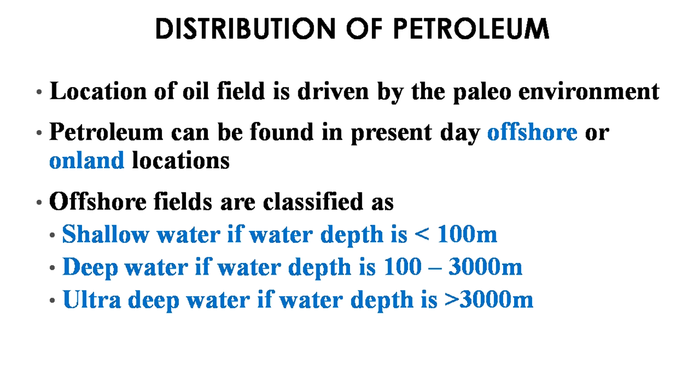Now, offshore fields can be classified in terms of the water depth. If the water depth is less than 100 meter, we call it a shallow water oil field. If the water depth ranges between 100 meter and 3000 meter, we call it a deep water oil field. And if the depth of water increases more than 3000 meter, we call it an ultra deep water oil field.